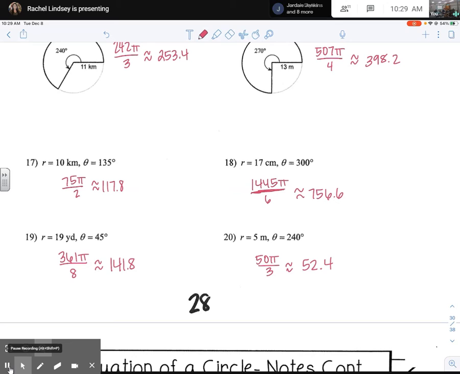I also want to tell y'all your final is going to be next Thursday, because we're doing first, second on Thursday, third and fourth on Friday. Your final is not gonna be over the whole semester. It's gonna be over what we're gonna do Friday, Monday, Tuesday, and Wednesday, which is volume.